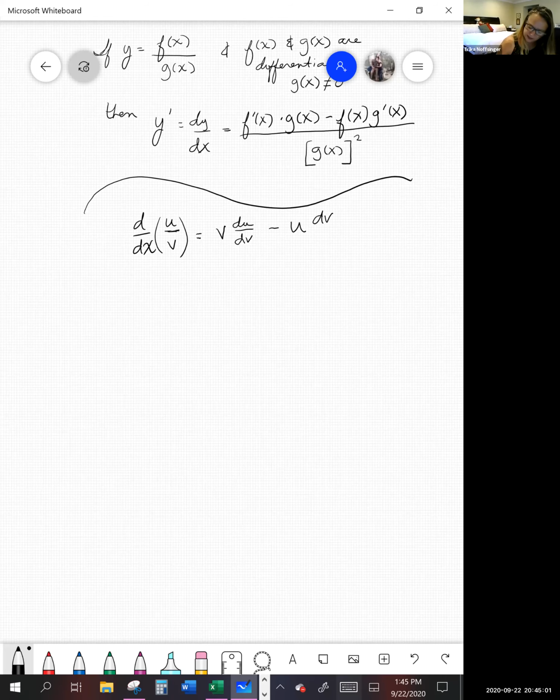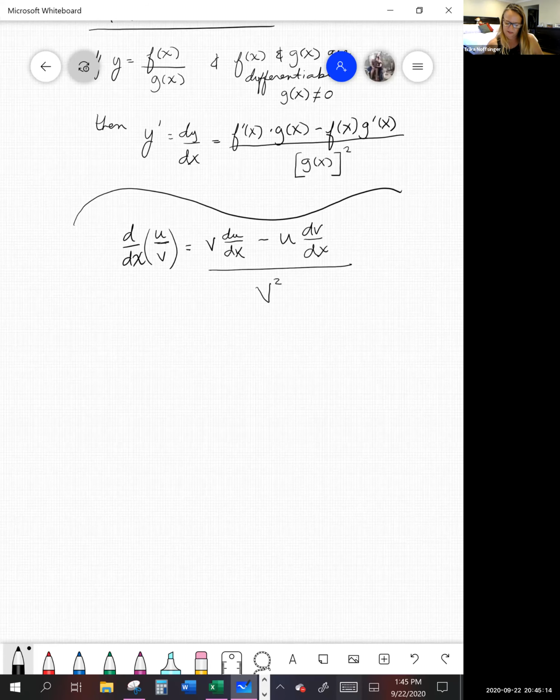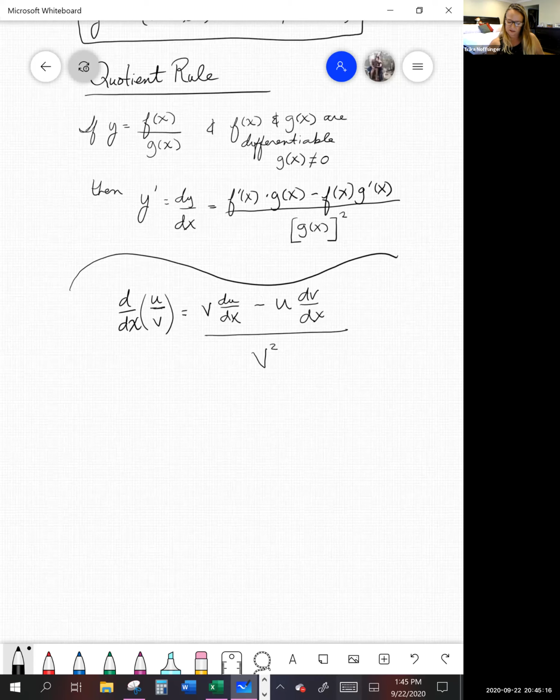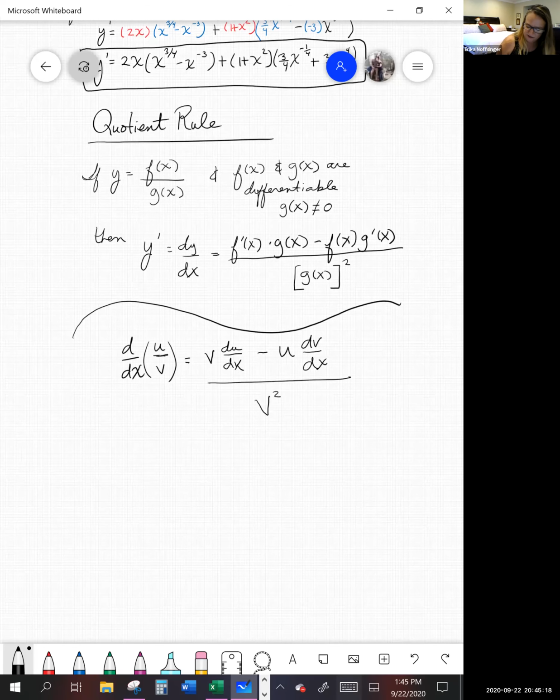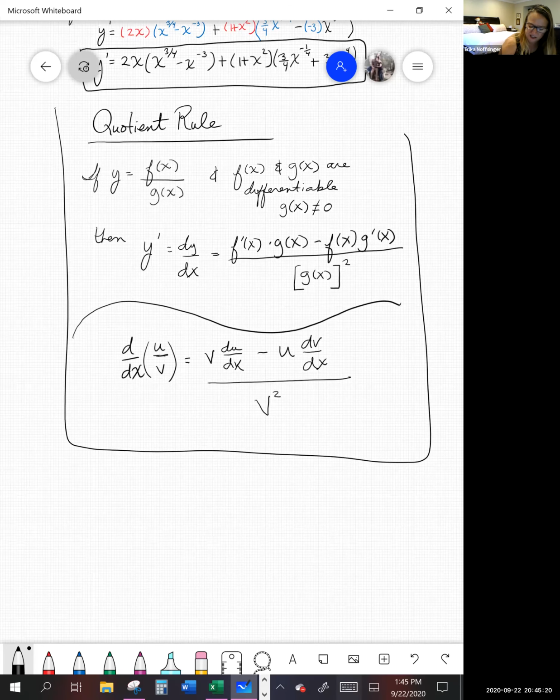Sorry, this was du/dx. dv over dx, all over v squared. Okay, same thing, just different notation, different letters representing different functions. I mean, they use v and u, I use f and g.